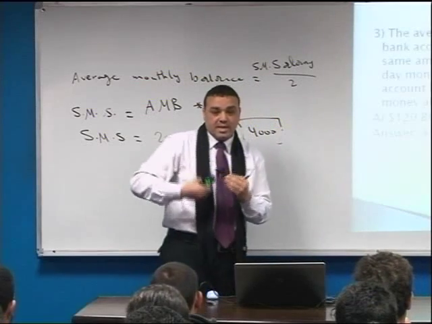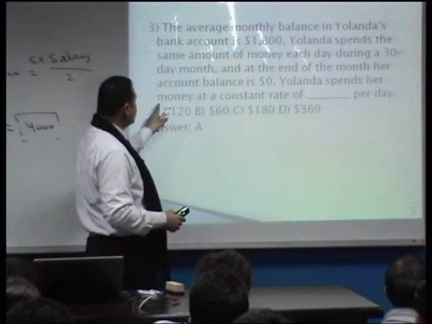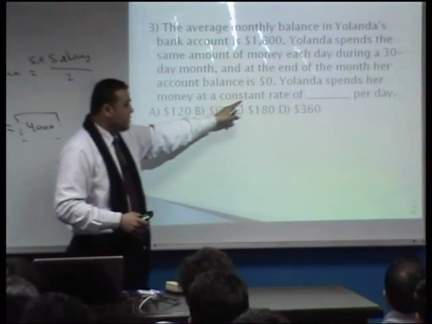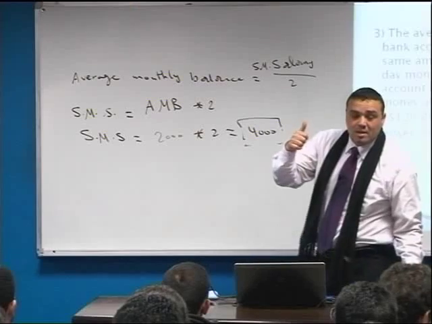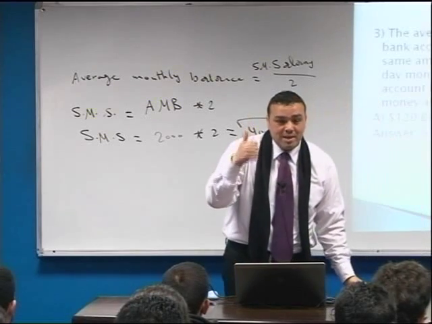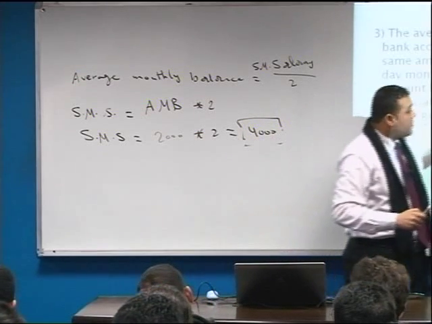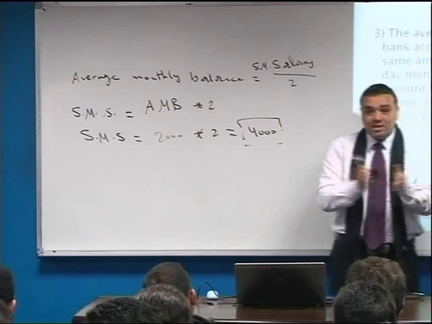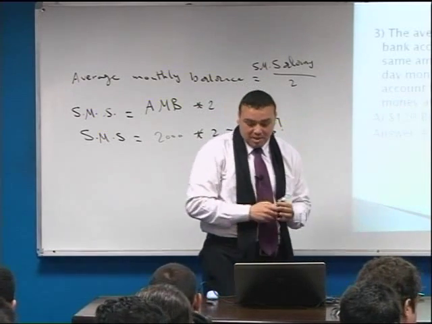So the question says Yolanda spends her money at a constant rate of how much per day? We have to calculate the starting monthly balance and then divide by 30 days, and then we get the daily spending. So what is her monthly salary?